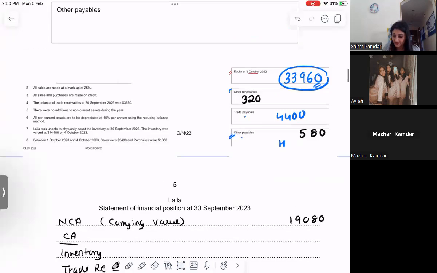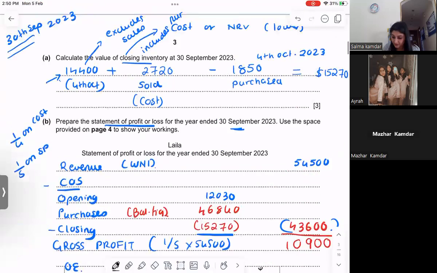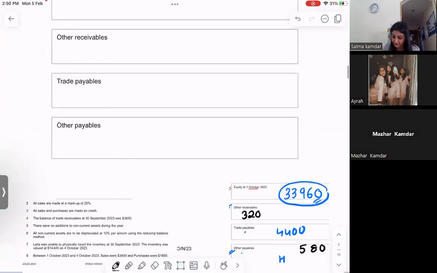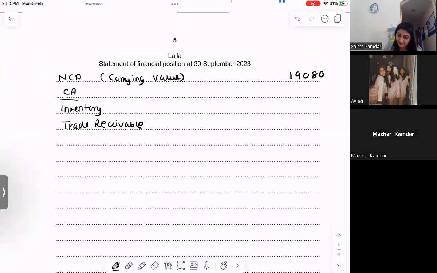But we already saw that we have a bank overdraft, which is a current liability. And other receivables. We had found out the closing inventory, how much? Closing inventory is 15,270. Trade receivables, closing balance was given to us, 3650.